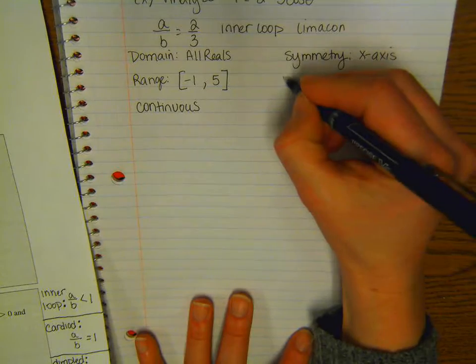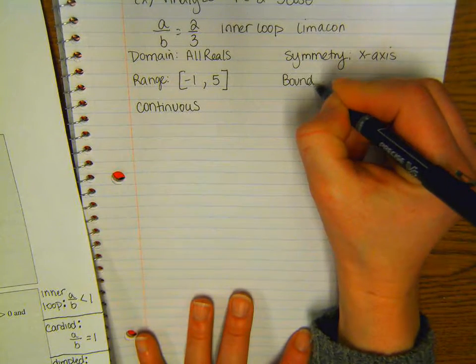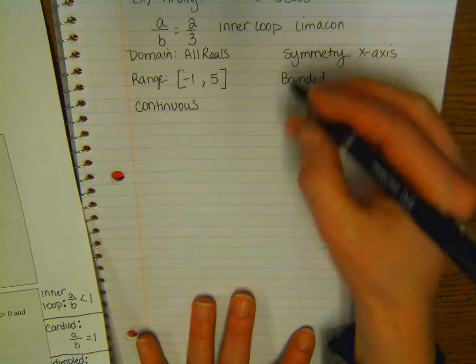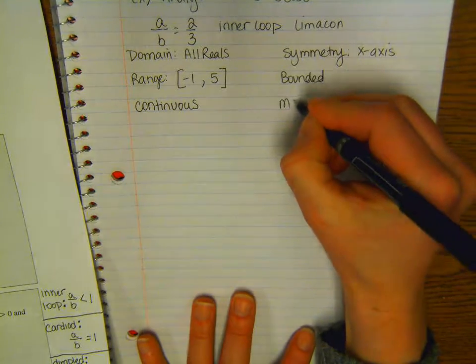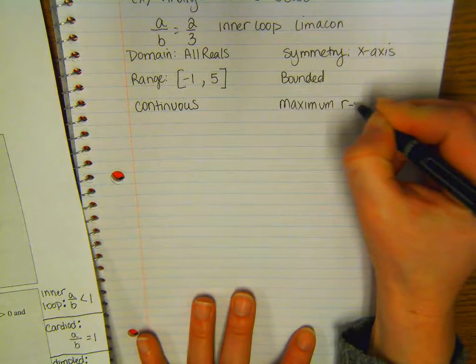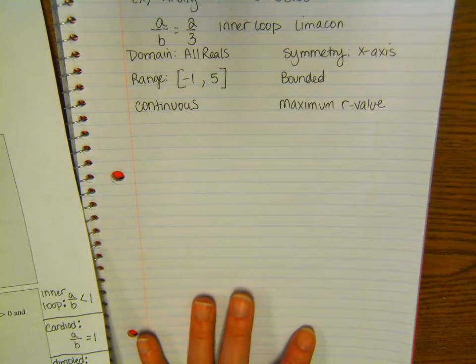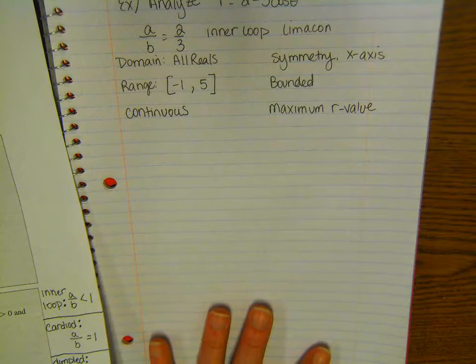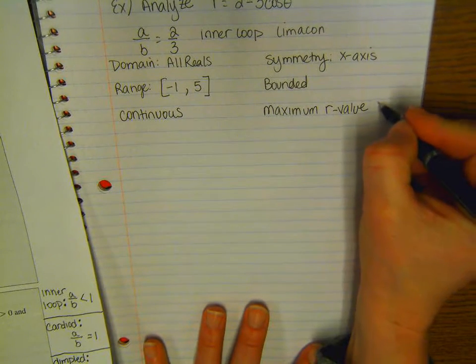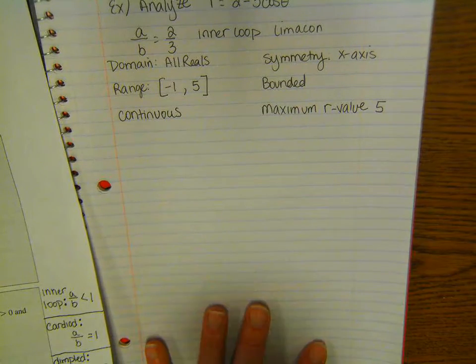This is bounded. The maximum R value is A plus B, so what would that be? 5. And there are no asymptotes.